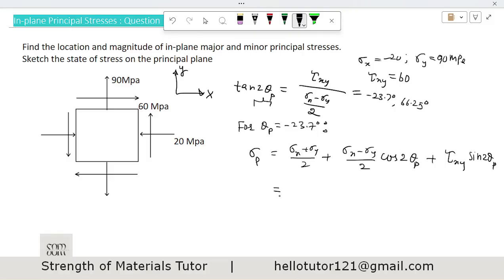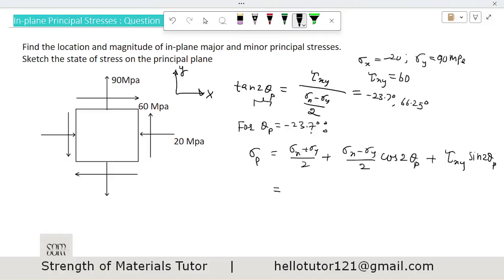Theta is negative, so it is minus 2 times 23.7. Then plus tau xy, which is 60 megapascal, times 60 sine of 2 times, again negative, theta.